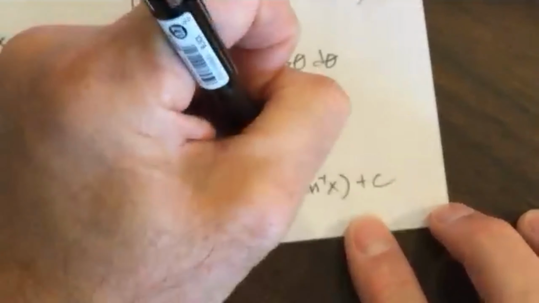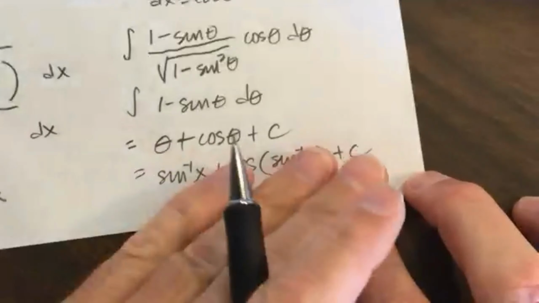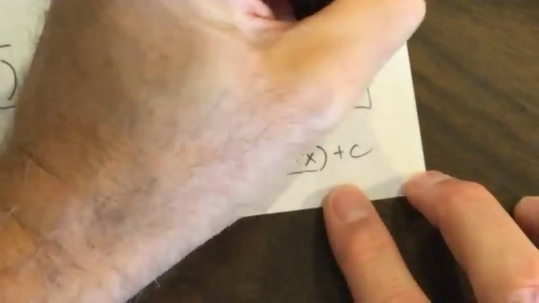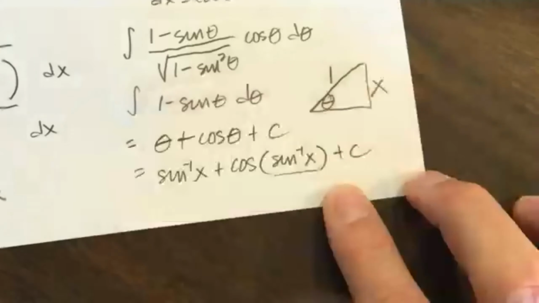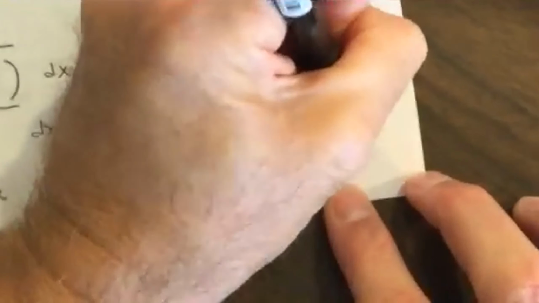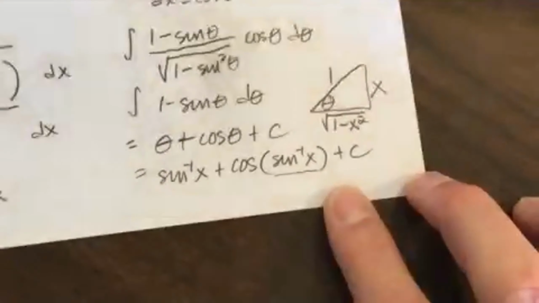So this is saying I need an angle whose sine is x. So I'm going to draw a picture of it over here. Here's an angle whose sine is x. So the sine is the opposite over the hypotenuse. So this side down here would have to be the square root of 1 minus x squared, using the Pythagorean theorem.